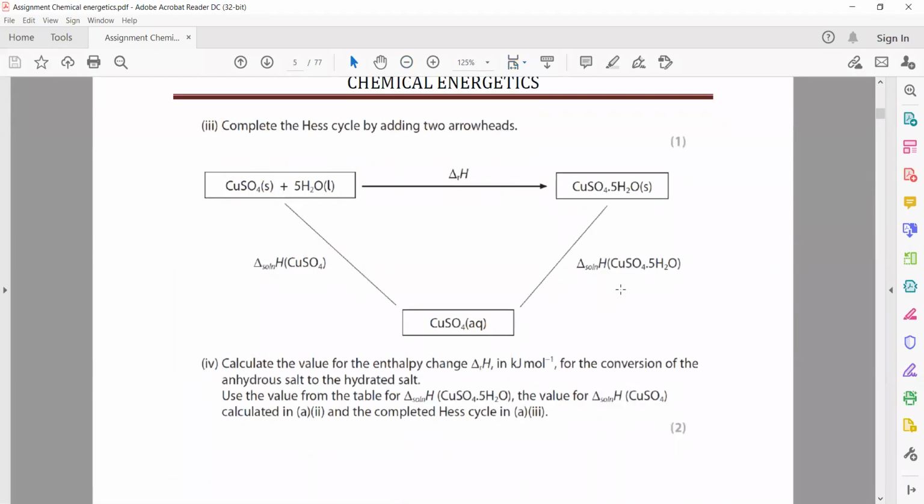Complete the Hess cycle by adding two arrowheads. So how do we represent a Hess cycle, and in which direction should we show the two arrowheads? Because the overall energy change is independent of the route or the path which we follow.